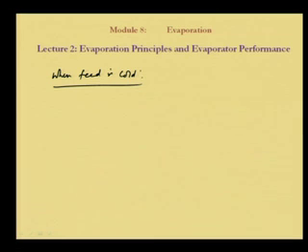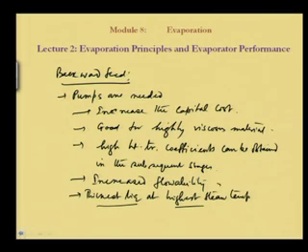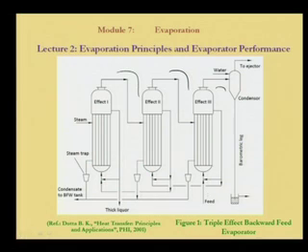When the feed is cold and admitted in the first effect of the backward case, some amount of this steam will be used as sensible heat to raise the temperature, and then at that boiling point. The boiling point here is less, and so the requirement of sensible heat will be low.